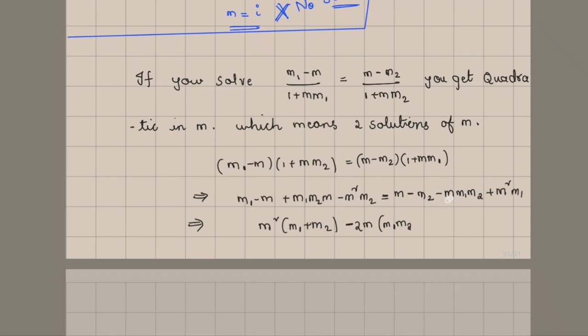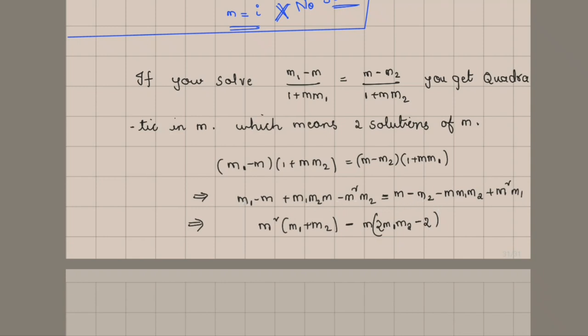See, m terms are m into m1 minus m2, and there is another term m1 m2, which is 2 m1 m2, and if you take this m to the other side, you get minus 2 here because there is a minus before that, and there is a constant.